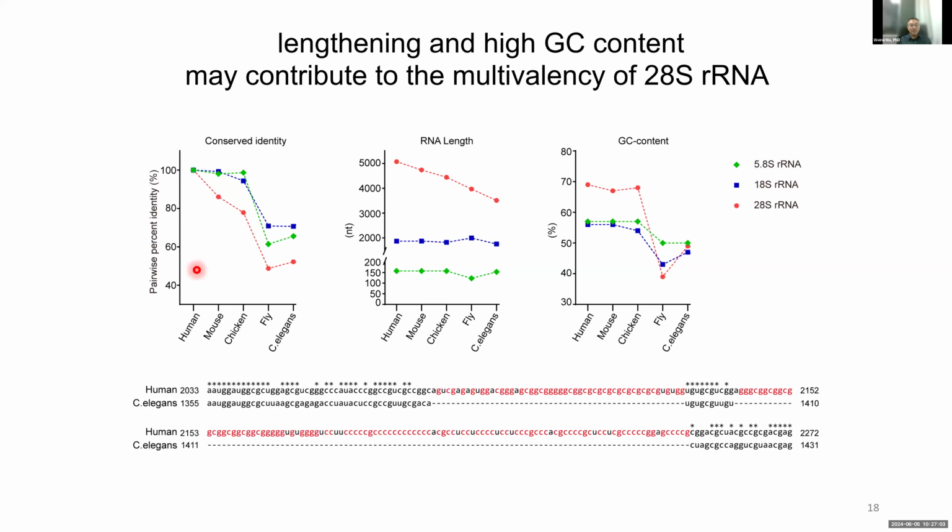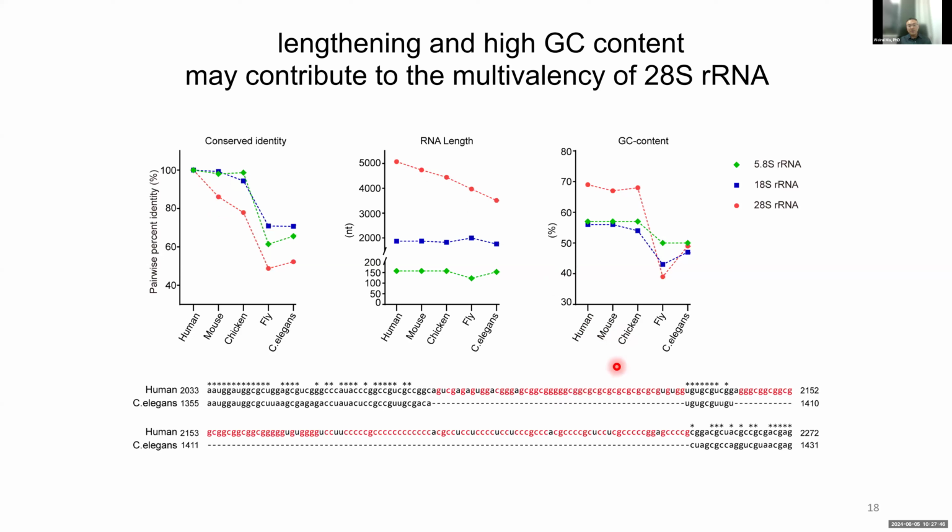What we found is that ribosomal RNA is actually very conserved, especially 5.8S and 18S, but 28S, compared to 5.8S and 18S, is not as conserved. For example, in mouse, 18S is about 100% identity, but 28S is only about 22% identity, and 28S ribosomal RNA has undergone substantial lengthening, and the extra regions in human, mouse or chicken are usually GC rich.